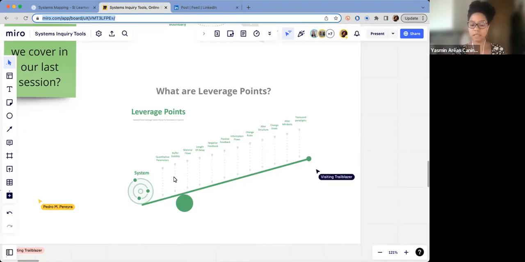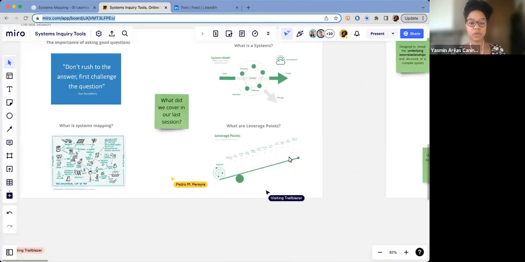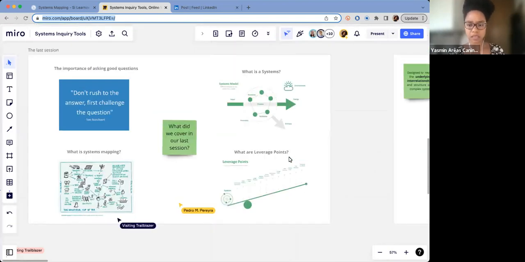So here we have, let's say, a scale to really understand some of these leverage points and where we could intervene in the system to create and to leverage the transformation, right? So these were the four main points that we covered last time.